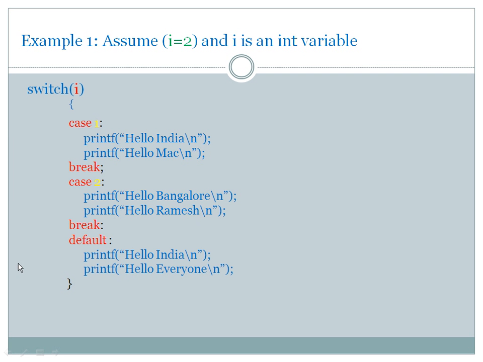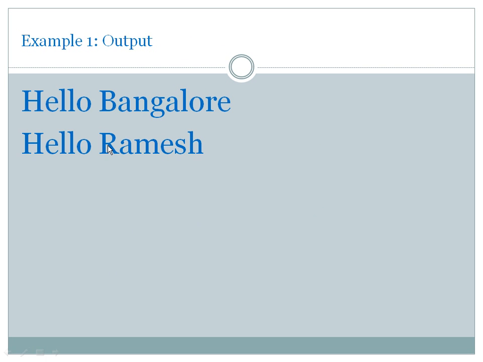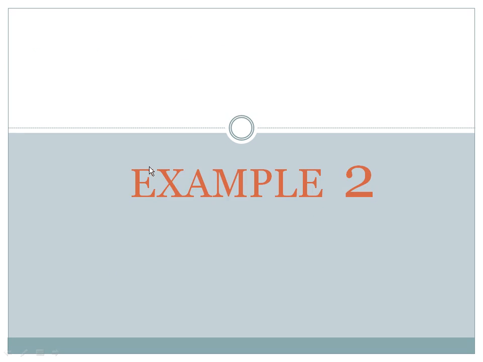We'll see example 1. In example 1, we have considered I as an integer, and I is equal to 2. When I is equal to 2, case 2 matches, hello Bangalore, hello Ramesh will be printed, and it comes to break and comes out of the switch block. We get the output hello Bangalore, hello Ramesh.